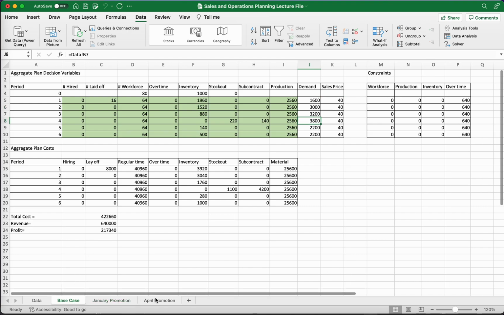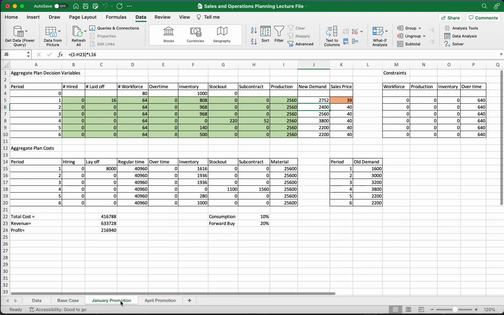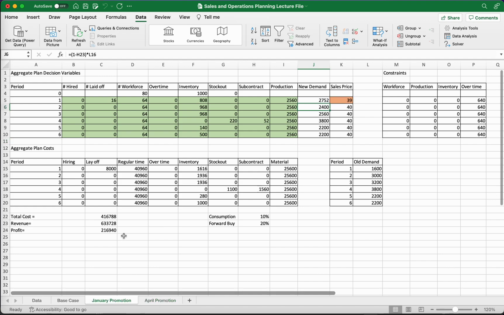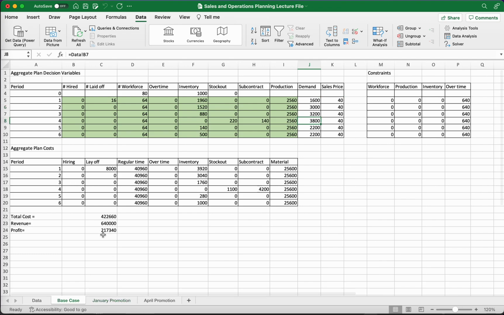In fact, the profit has gone down from the base case of 217,000. Even with the January promotion, the profit is 216,000 as opposed to $217,340.